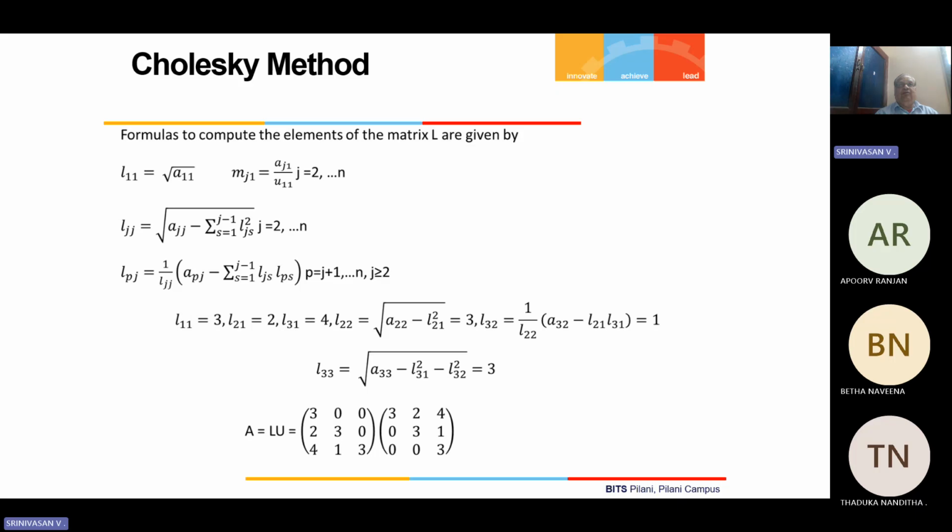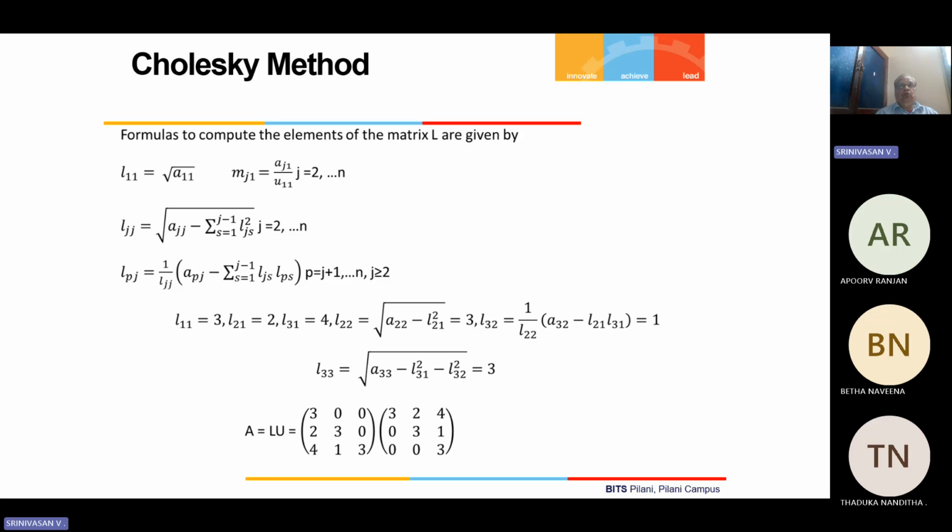J will go to the next value 3, but you don't have 3 here. Is that right? So it is just L21 square. So what is A22? A22 is 13 minus what is L21? L21 is 2 square. So 2 square. It is now 13 minus 4, 9, root 9, 3.